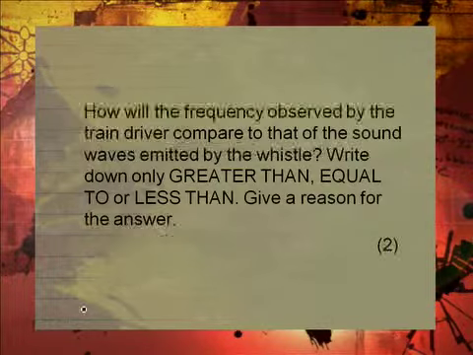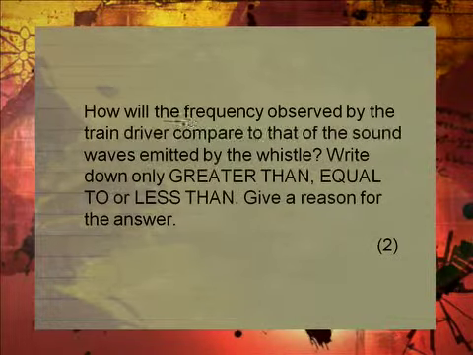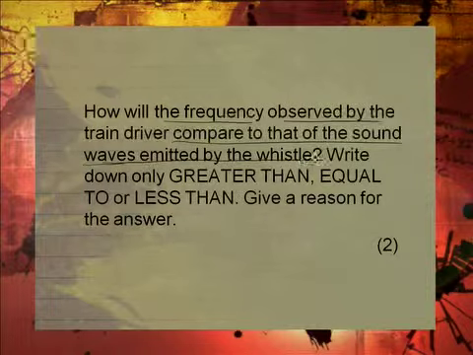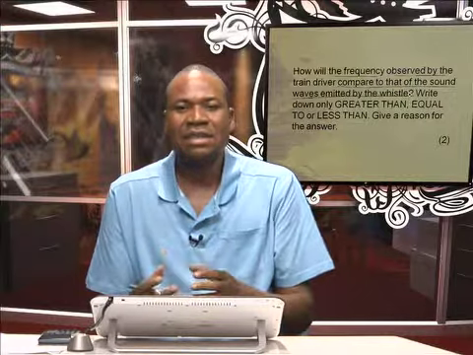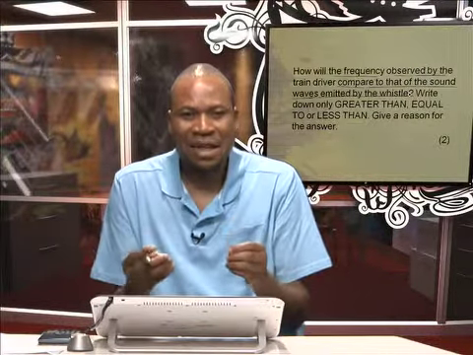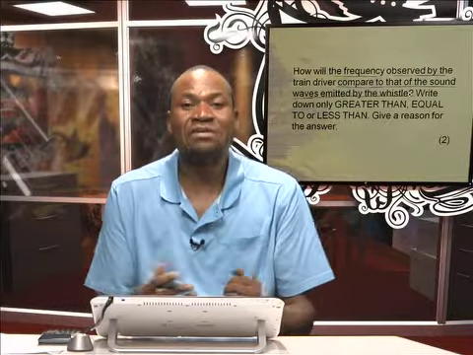Right. Next, how will the frequency observed by the train driver compare to that of the sound waves emitted by the whistle? Now look at this. The train driver and the whistle are both stationary inside the train. So in other words, both of them are not moving relative to each other.